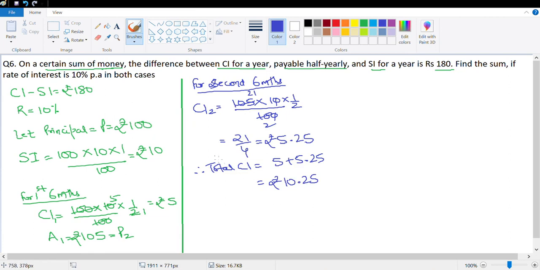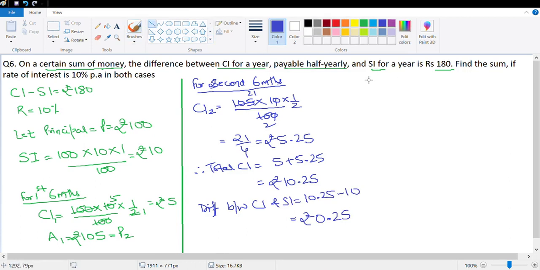So what's the difference between CI and SI in this case? The difference between CI and SI is 10.25 minus 10, which is equal to rupees 0.25.